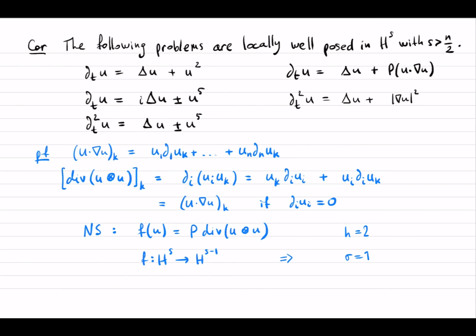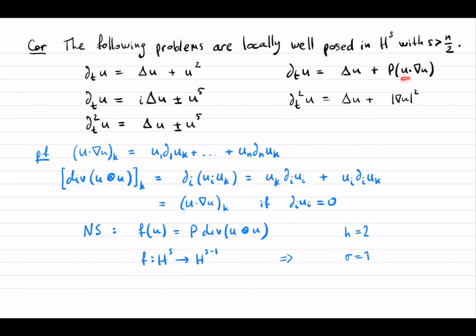So that means for the Navier-Stokes equation, because u is divergence free, the nonlinearity can be written in this way. So the Leray projector applied to the divergence of this u tensor u. And this is important because in the original formulation, you see that if u is in HS, then the derivative of u will be in HS minus 1, and you have to multiply with some function.